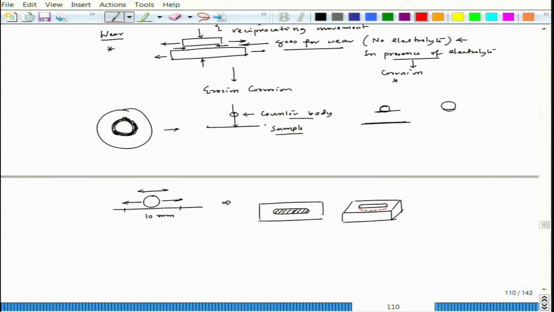So, this red part is basically within this material. That is what the appearance becomes. So, this is basically reciprocating, this is pin on disc, this is reciprocating.